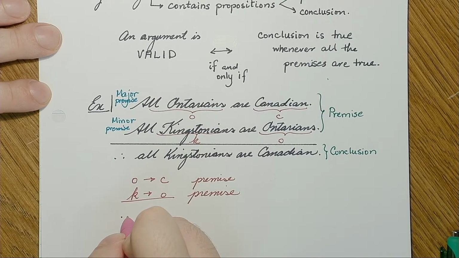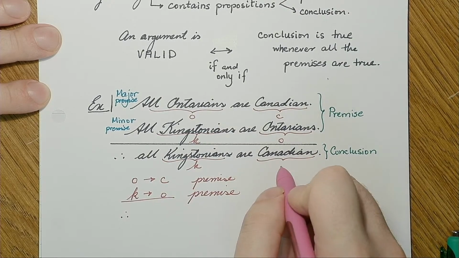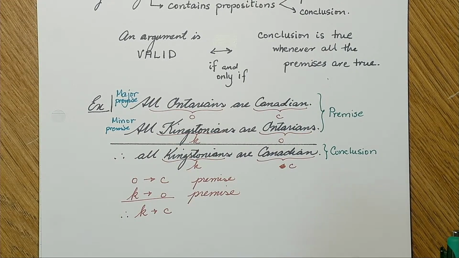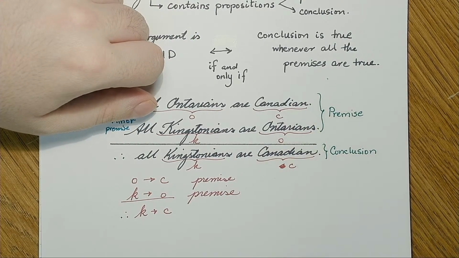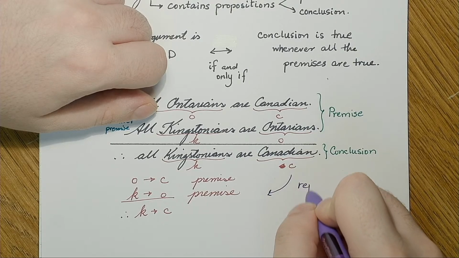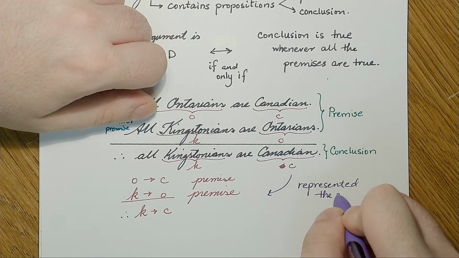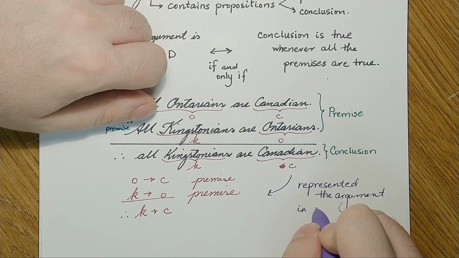And then we can have therefore, K implies C. So here, what we've done is we've represented the argument in symbolic logic.